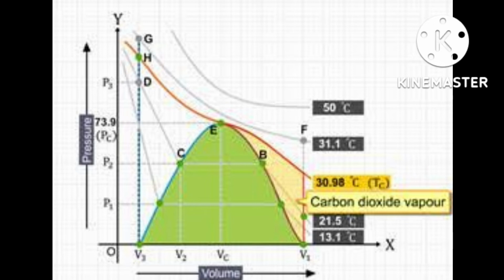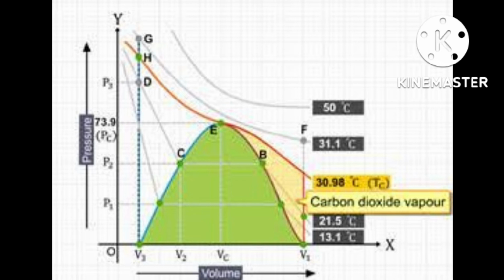Then I have told you about Andrews' experiment. He showed so many curves there, but you should not be afraid by seeing the different types of curves. Okay, now I am going ahead.